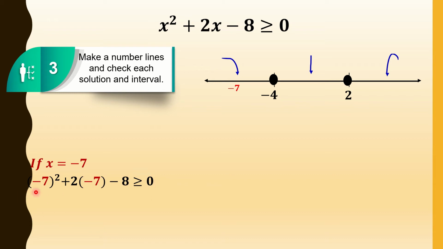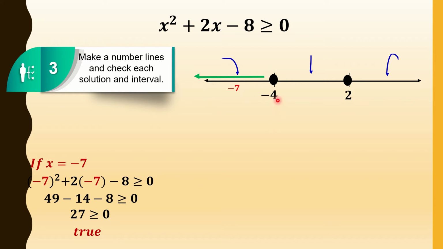Now, if I evaluate that, I obtain 49 minus 14 minus 8, which is equal to 27, which is greater than 0. Therefore, our solution is true. From negative 4 up to negative infinity, meaning the solutions are true.